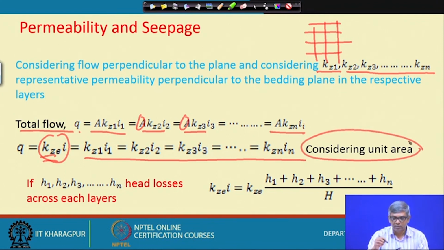That means I can consider a unit area like this, through which flow is taking place. If I consider the same area everywhere, then A can be removed, and our equation becomes only Kz into i, Kz into i, like that.